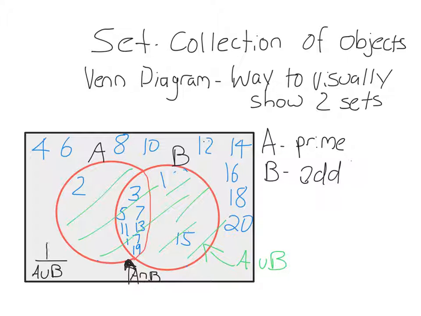This little line means it's not in. Another way to say that, we could write A or B in brackets and put a little dash there, or we could put a little C there. They all mean the same thing: not.